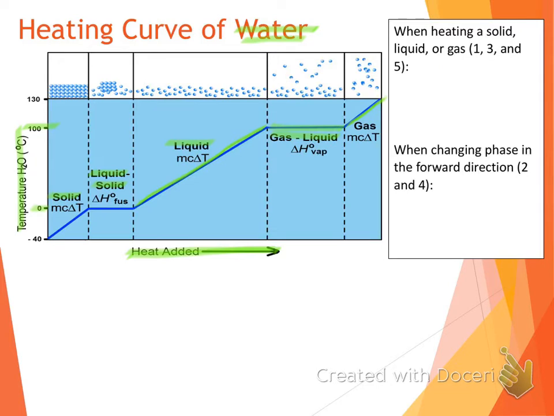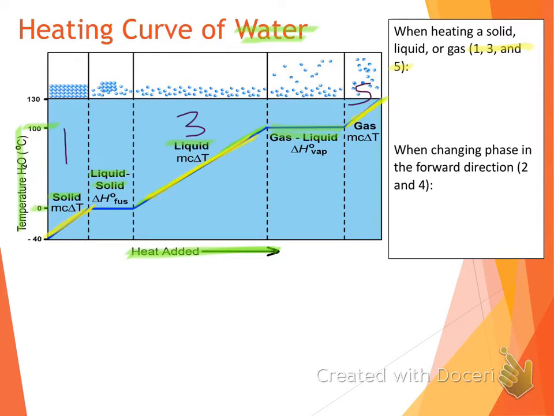So as we look at sections 1, 3, and 5 here, these are the points where we are just simply heating the solid, liquid, or gas. That's when our temperature is increasing, we can see from that inclined slanted line there.